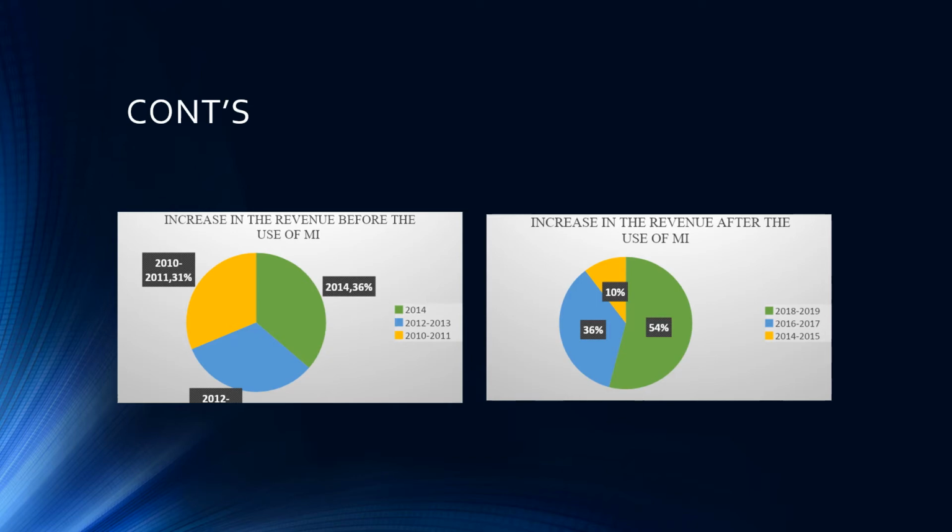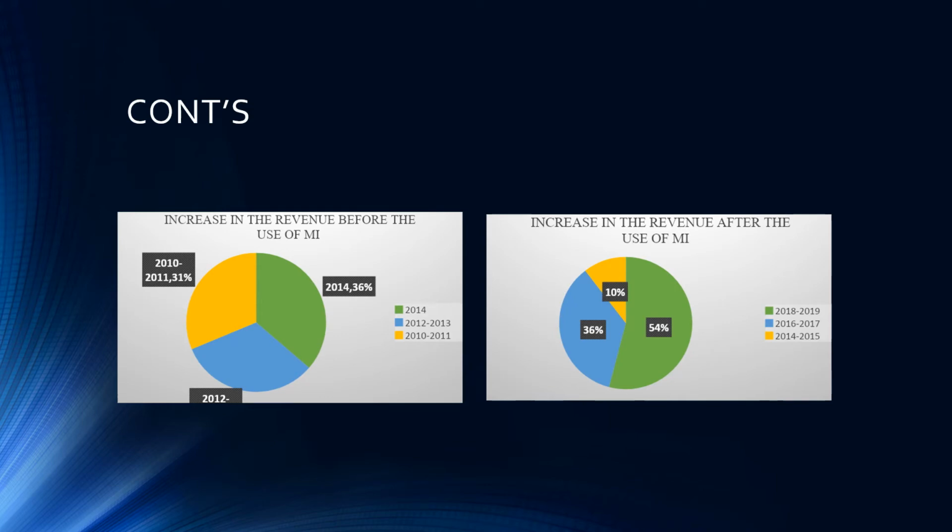As you can see, there is only a small percentage of increase. Between 2010 and 2012 and 2012 to 2013, there is a difference of 2%, and from 2013 to 2014, there is an increase of 3%.